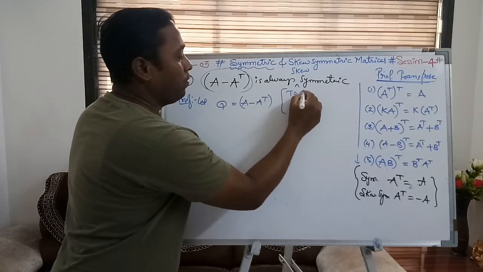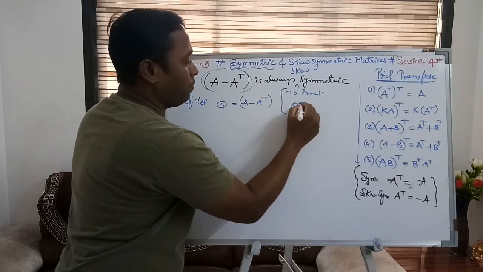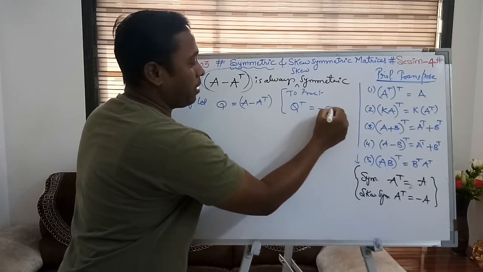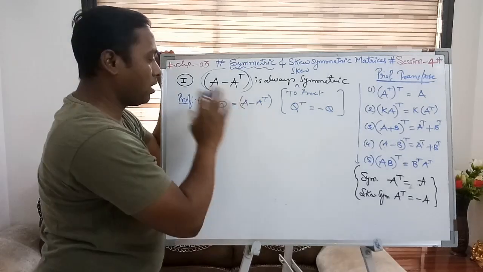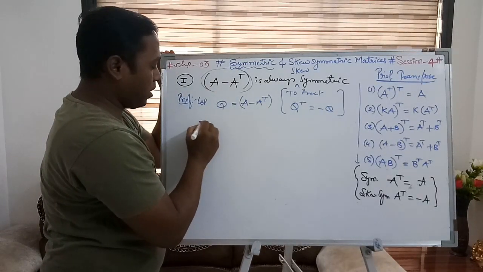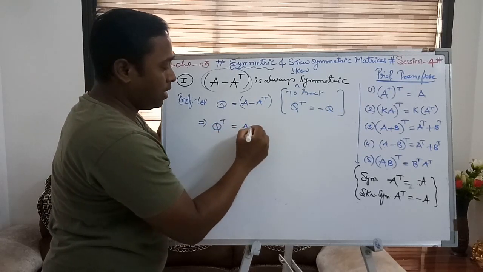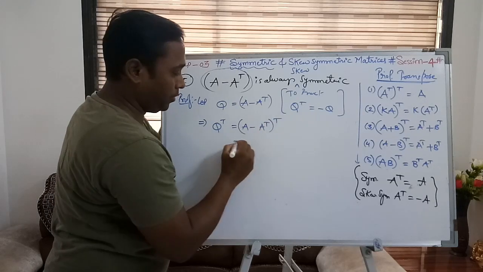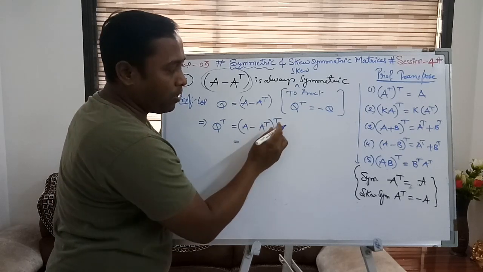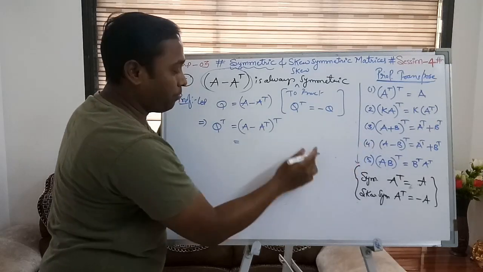So what do we have to prove then? We have to prove Q dash is equal to minus Q. Then you can say this operation is skew symmetric. Now I am taking Q dash. Q dash means (A minus A transpose) the whole dash. Hence (A minus B) whole dash is equal to A dash minus B dash, as property number 4.